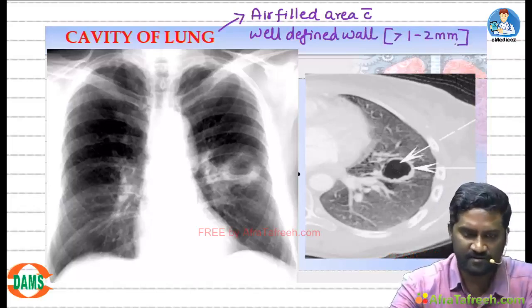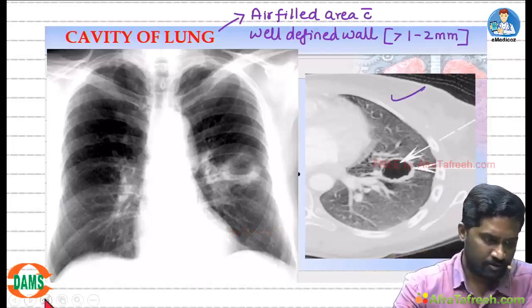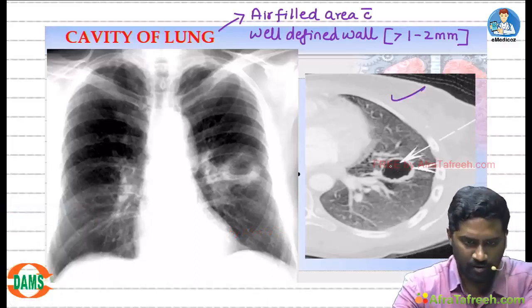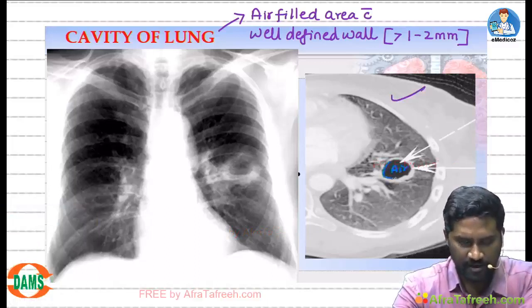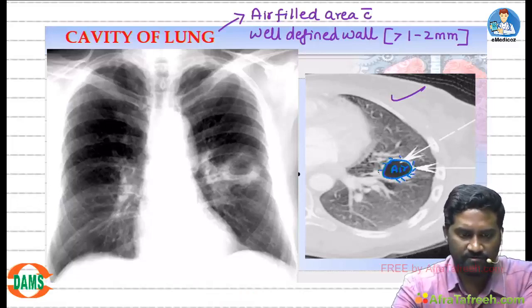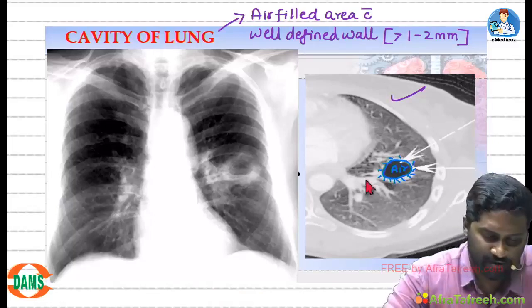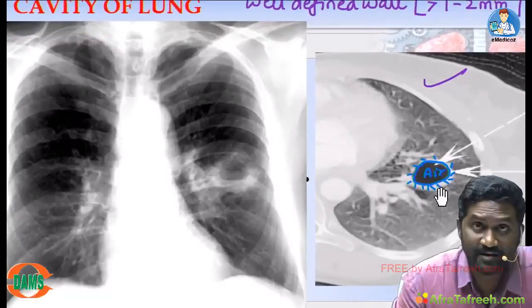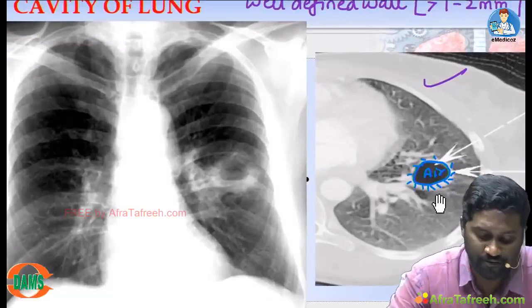First we will see in a CT scan. To call it a cavity, always notice the air-filled area. This is the air-filled area. Around that you should identify the well-defined wall. Can you notice, students, around this air-filled area there is a whitish density. So this whitish density is nothing but its wall.